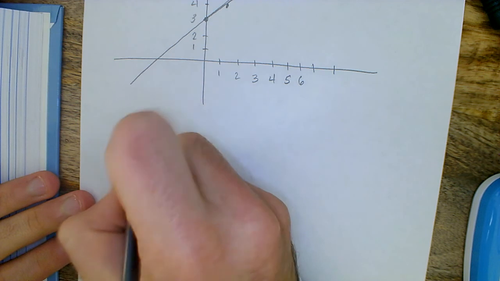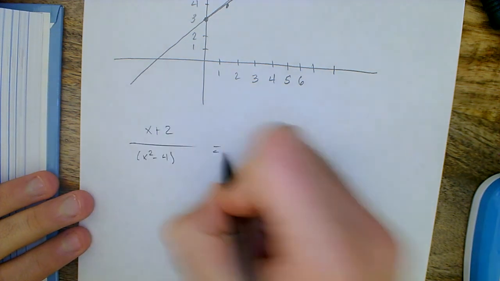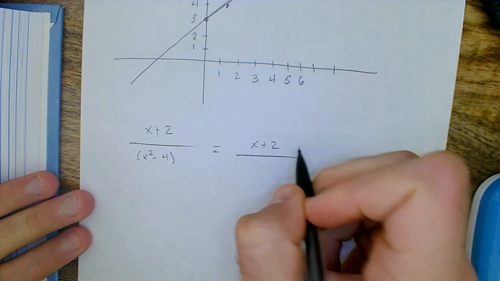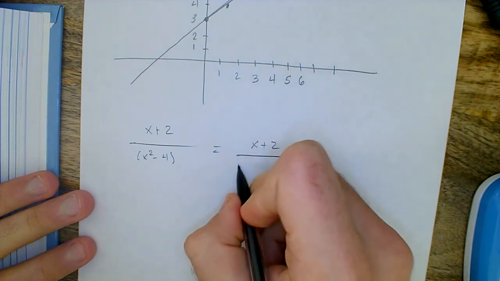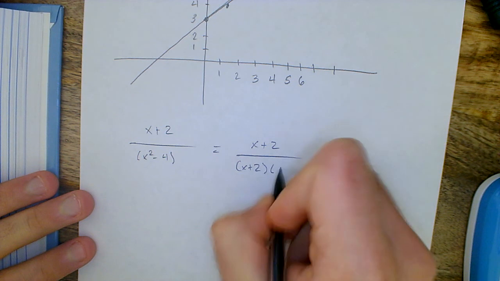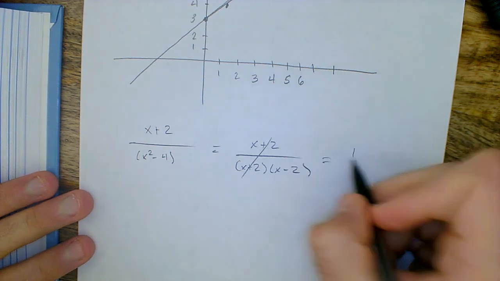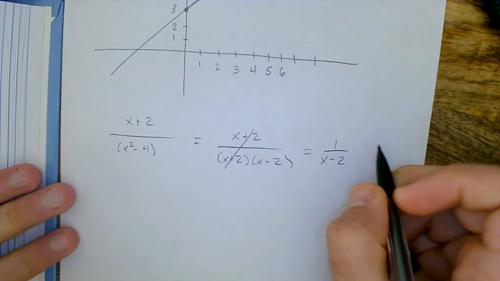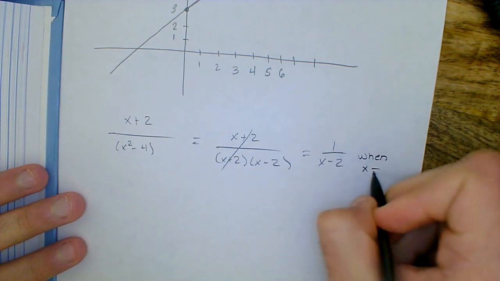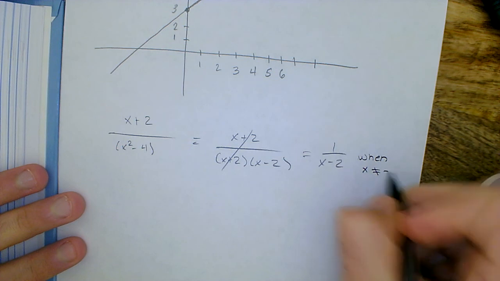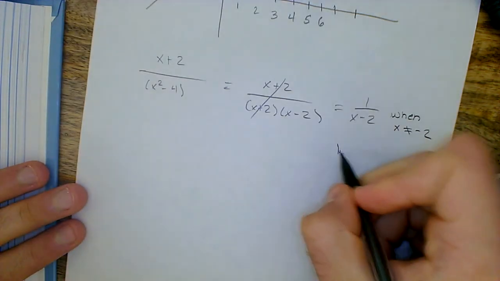So what about this example? We have x plus 2 divided by x squared minus 4. So this is equal to x plus 2 over x plus 2, x minus 2. So these guys cancel out. So this is equal to 1 over x minus 2, except when x is equal to negative 2, sorry.